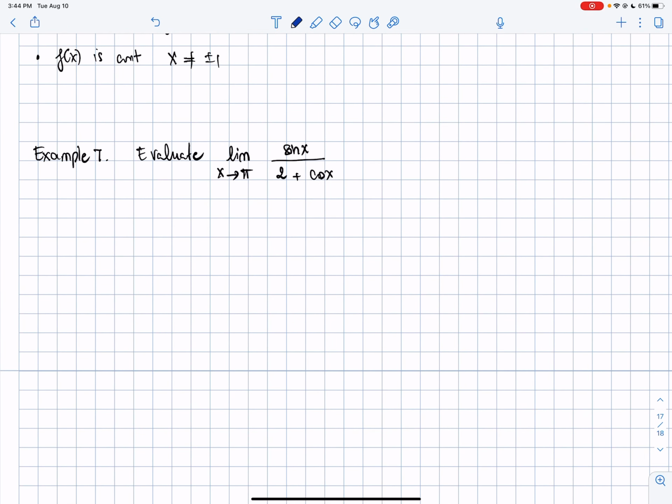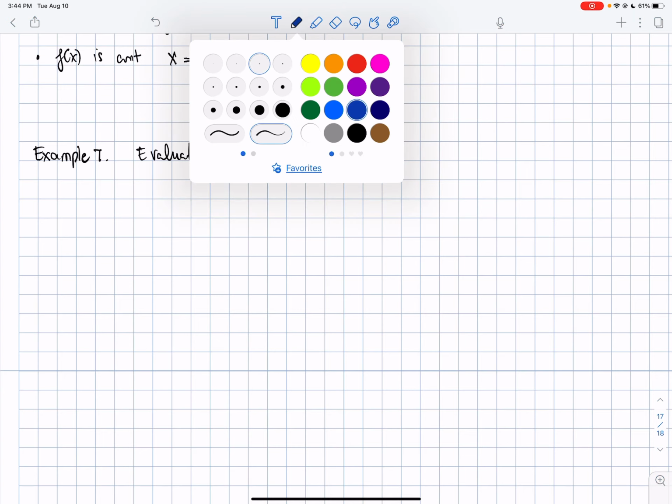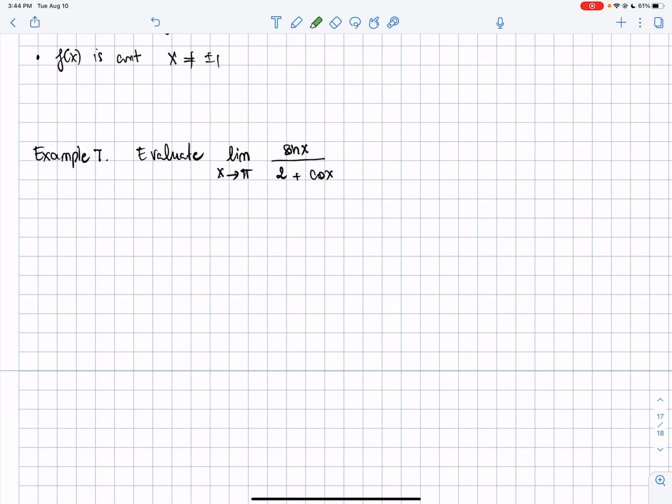Example number 7. We want to evaluate the limit of sine of x over (2 plus cosine of x) as x approaches pi. From theorem number 7, sine of x is continuous everywhere. Cosine is also continuous everywhere, and 2 plus cosine is continuous everywhere.